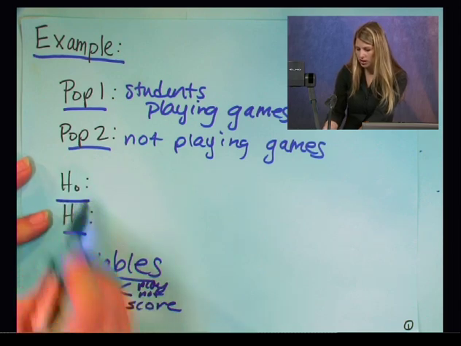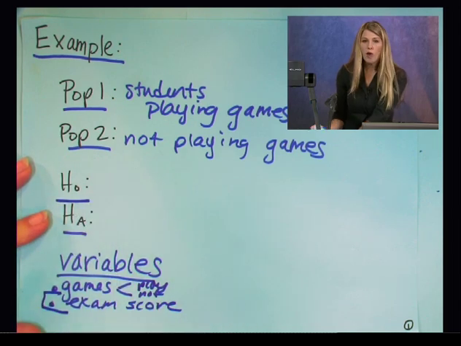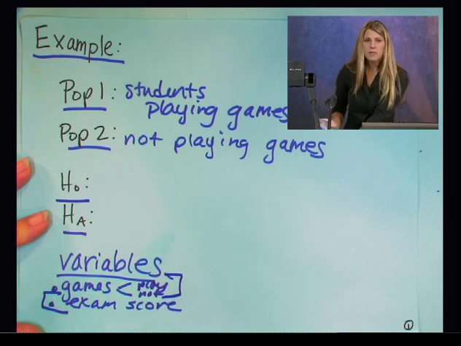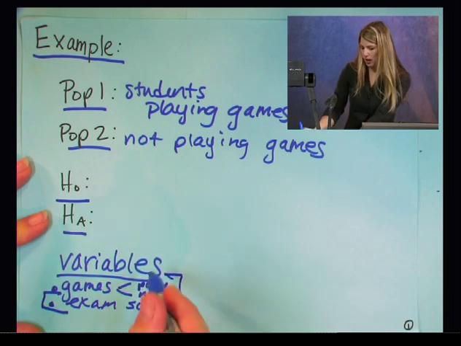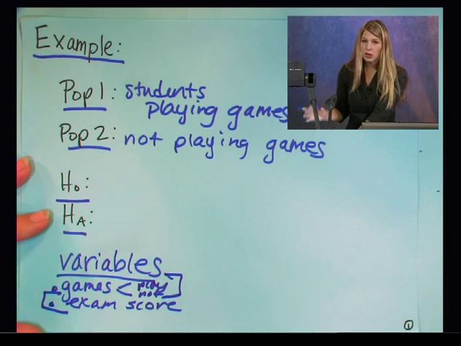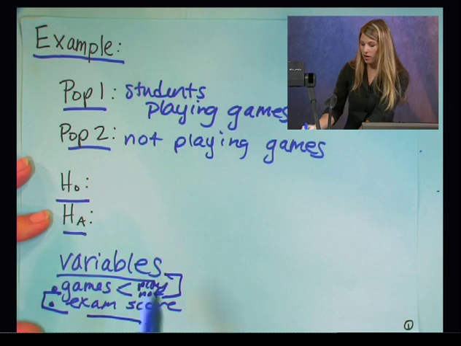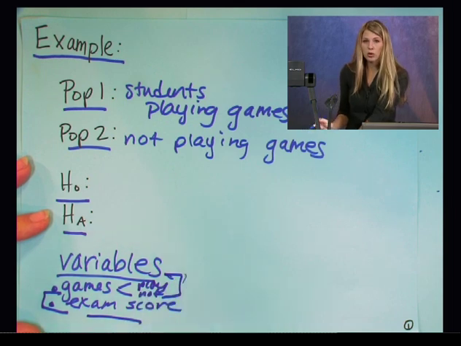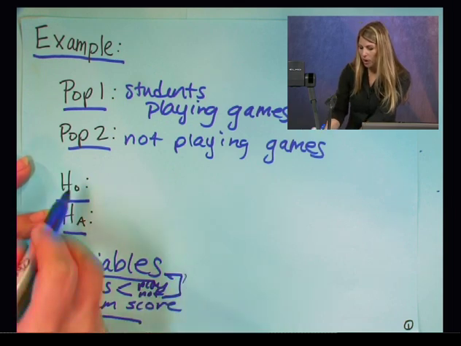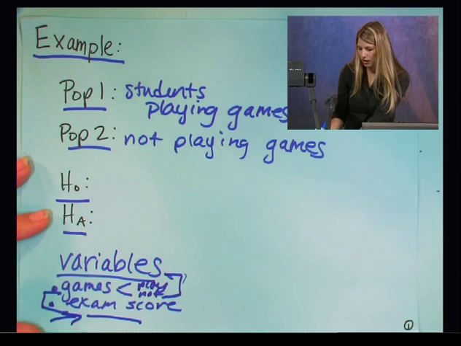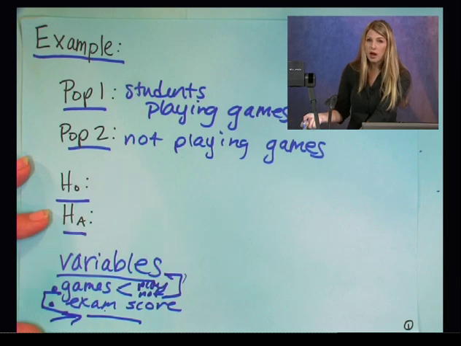Now his hypothesis is about this exam score for the two different groups of students playing games or not playing games. So think back to the types of variables. You're going to have one variable that's continuous here and another variable that's nominal or grouping, playing or not playing. His hypothesis is about this continuous variable, comparing this continuous variable for the two different groups of the nominal variable.